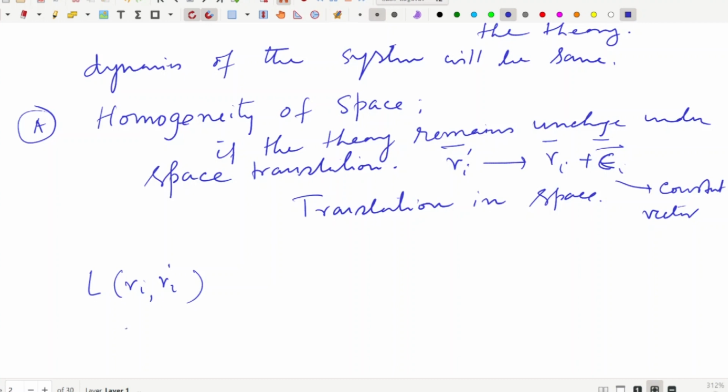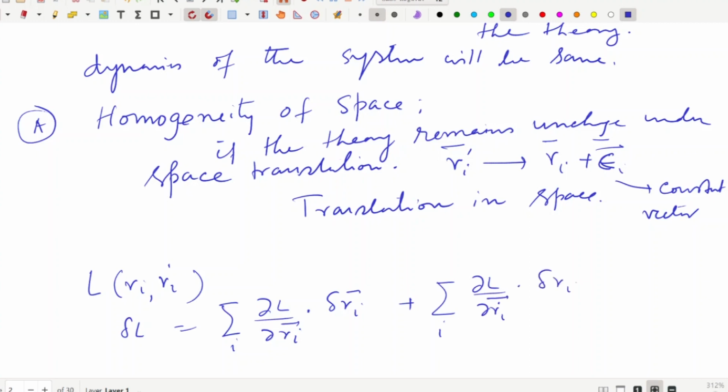So, the Lagrangian will change. So, the change of the Lagrangian will be delta L equals sum over i of del L del Ri dot delta Ri, and there are many Ri, so I sum over this, using dot because this is a vector, plus sum over i of del L del Ri dot, this is a vector, dotted with delta Ri dot.